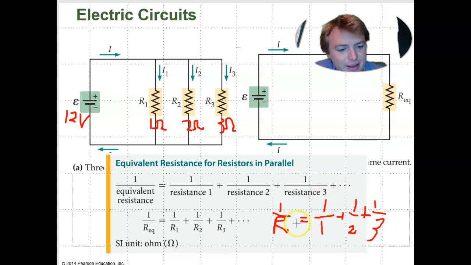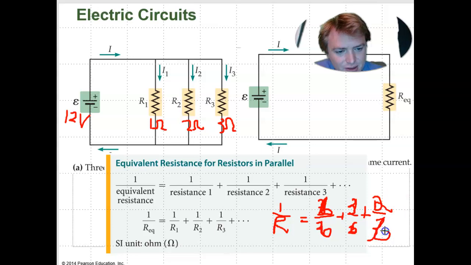If I'm doing this freehand, I've got to get that common denominator, right? So this becomes 6 over 6. Then I'll have 3 over 6. And then I'll have 2 over 6.